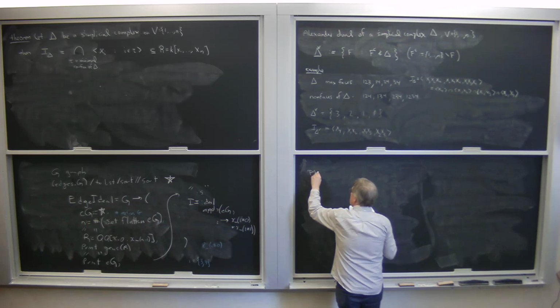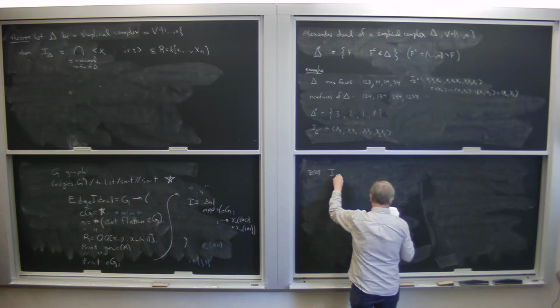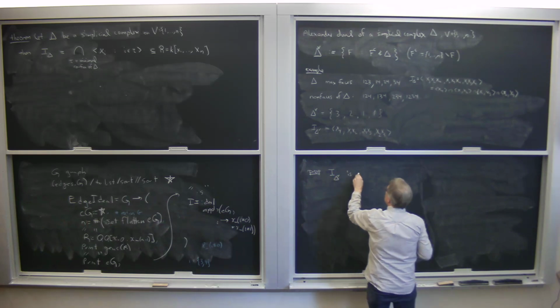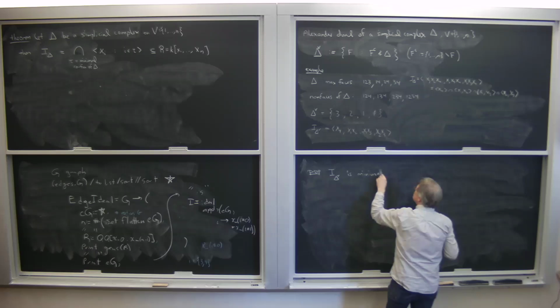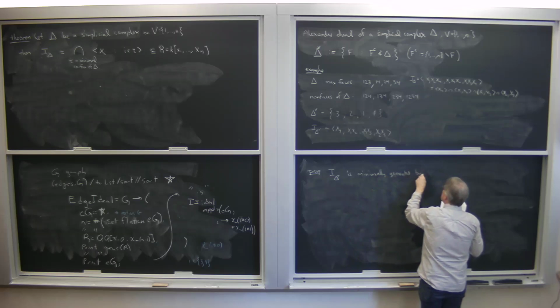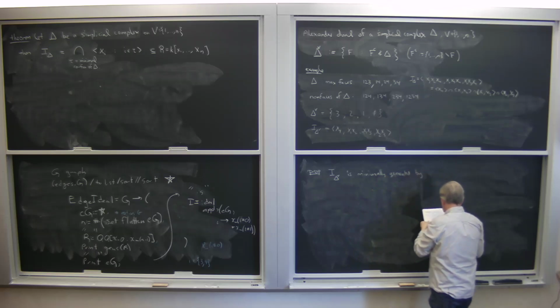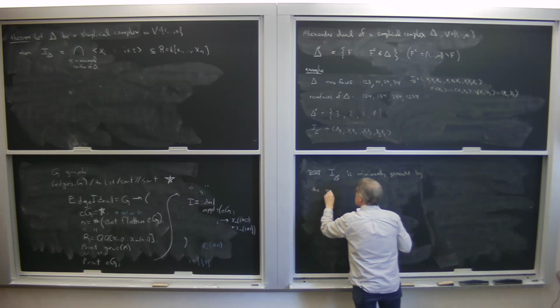So proposition: I of this thing, het, is minimally generated by the monomials.